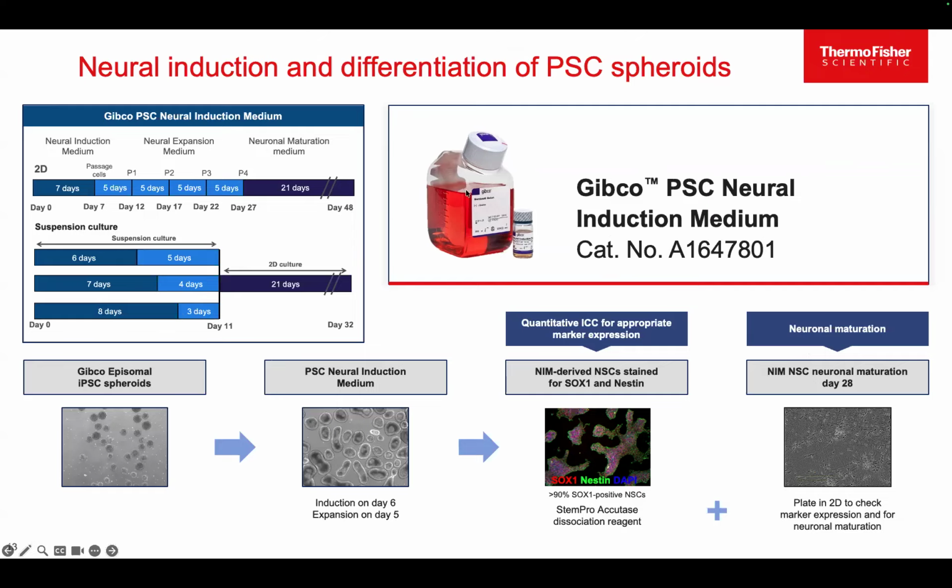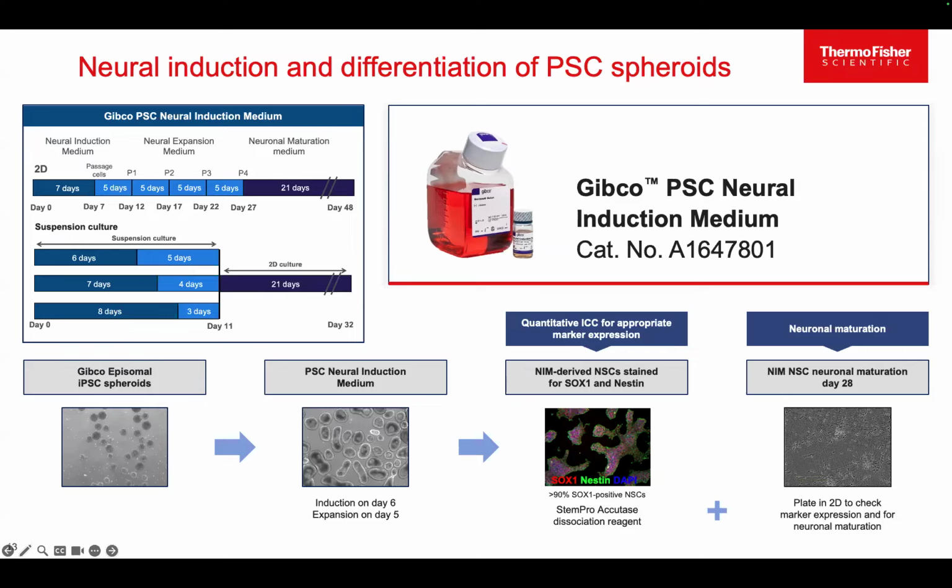Then by about day 32, we see the same, if not more, mature neurons as otherwise seen in adherent culture at about 48 days or so. So initiating neural induction from PSC suspension culture, if that's the route you choose, can allow for a shorter duration of induction and ultimately higher yield of mature neurons in considerably less time.